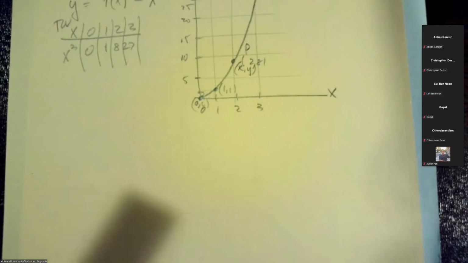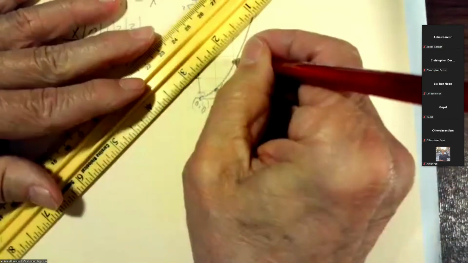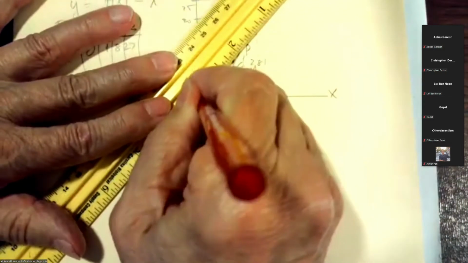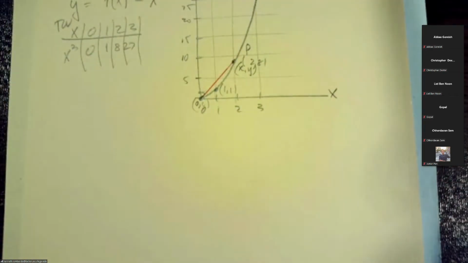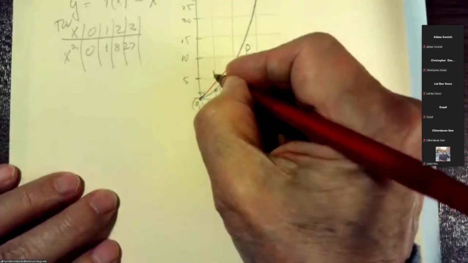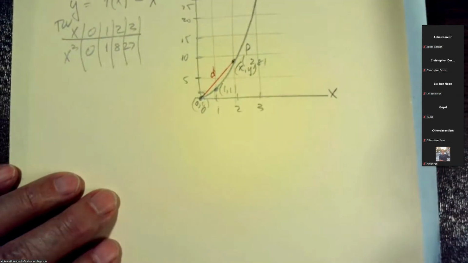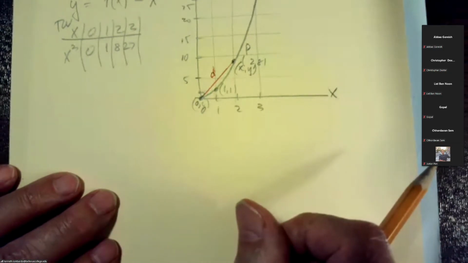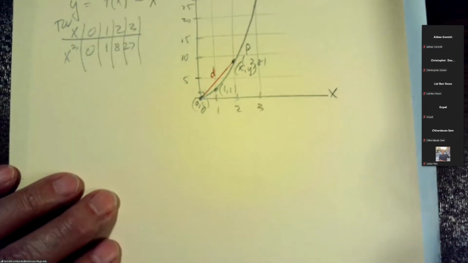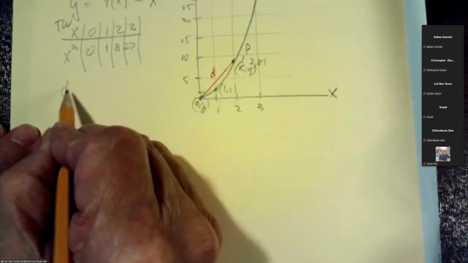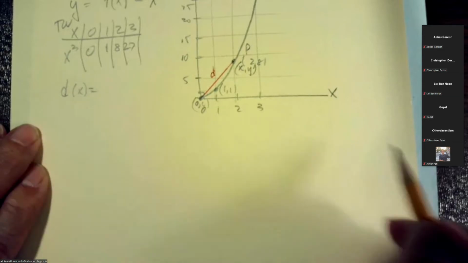So I'm looking for that distance there. Now if I call that D, can I express that distance as a function of X? So I'm looking at D as a function of X.